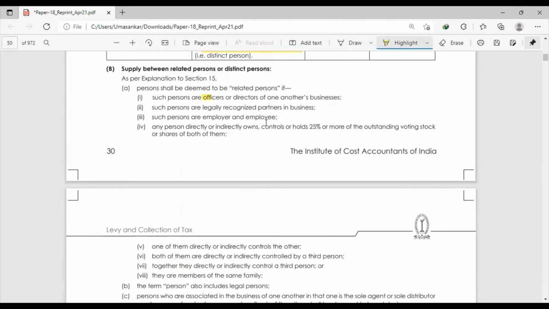Such persons are officers or directors of one another's business, or they are legally recognized partners in the business, or they have an employer-employee relationship, or they directly or indirectly own, control or hold 25% or more of the outstanding voting stock or shares.